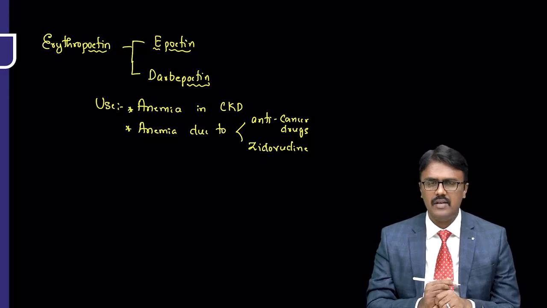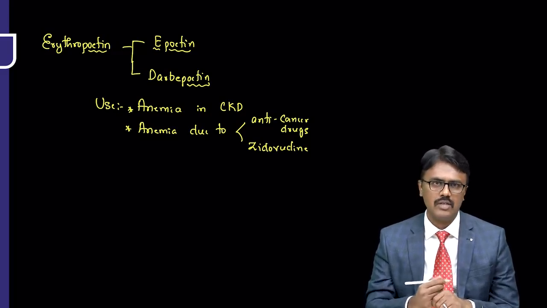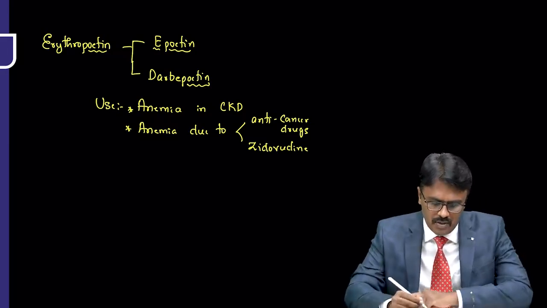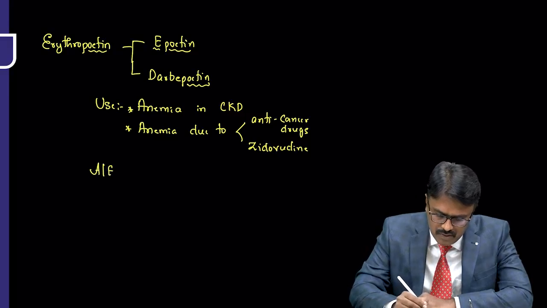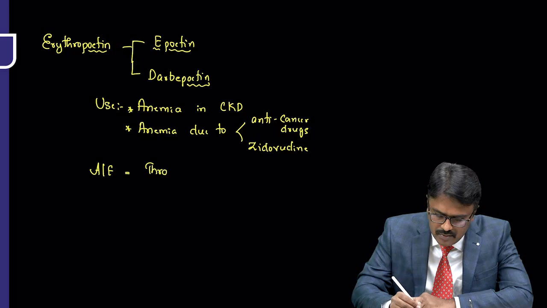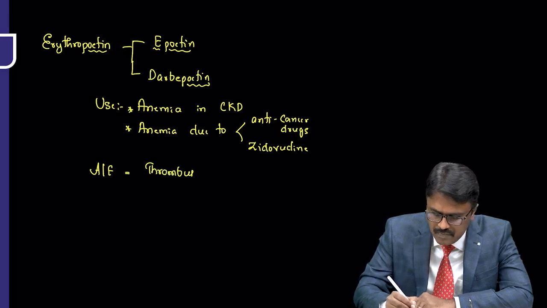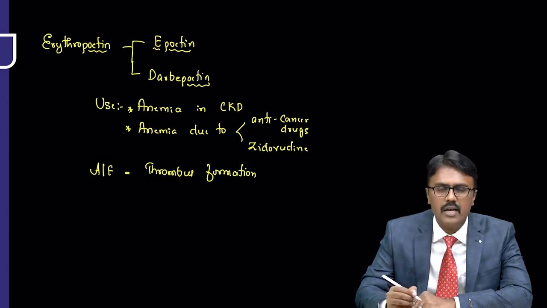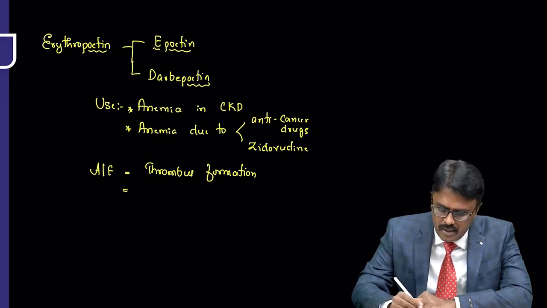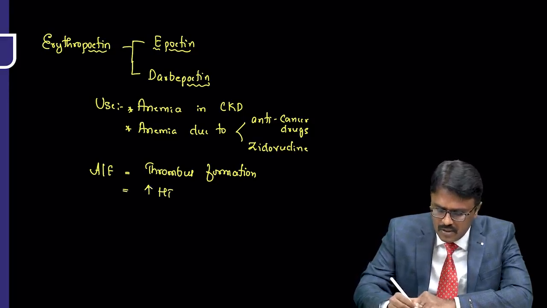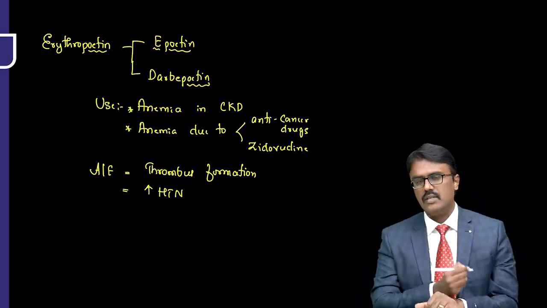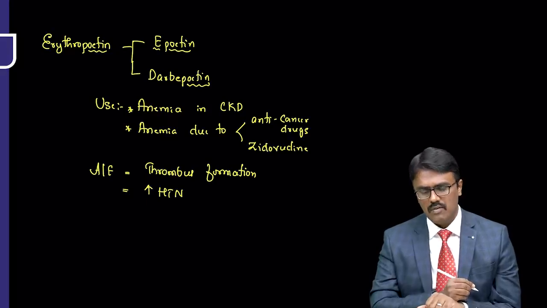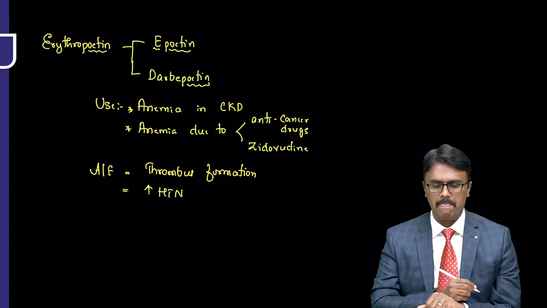Now when we use erythropoietin, it will increase the reticulocyte count so that the blood becomes thicker. So it can increase the viscosity. Because of that, the adverse effect we face is an increased risk of thrombus formation. You know the Virchow's triad. Increase in viscosity can also lead to clot formation. And since there is increased viscosity, the BP can also increase. So there is a risk of hypertension when we start erythropoietin. This has to be observed when we are giving erythropoietin to the patient.